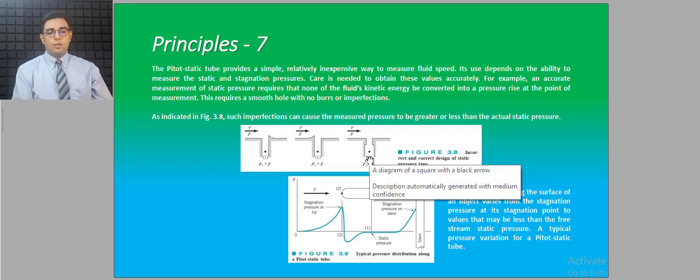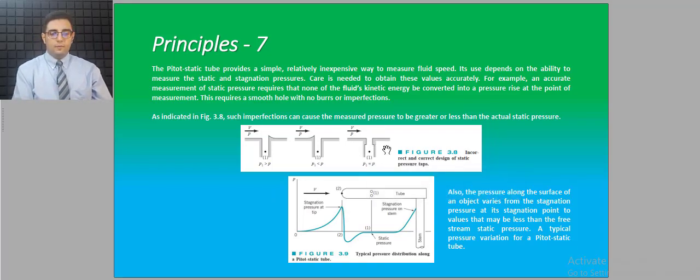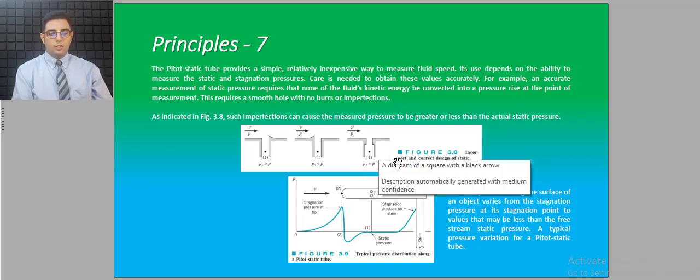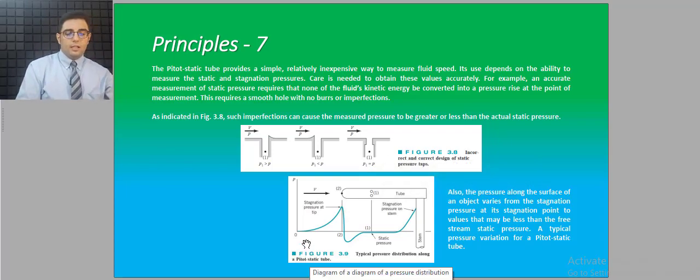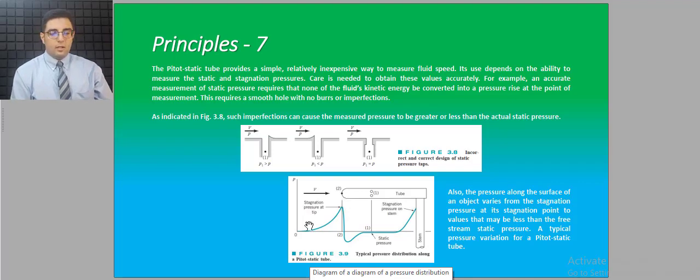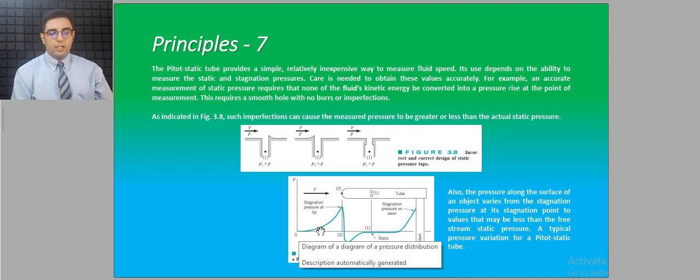The best situation is happening in this figure, where there are no imperfections, and P1 is equal to total pressure. This is the graph in which the pressure variation is shown. When the streamline goes to the tip of the pitot, it's going to increase exponentially.